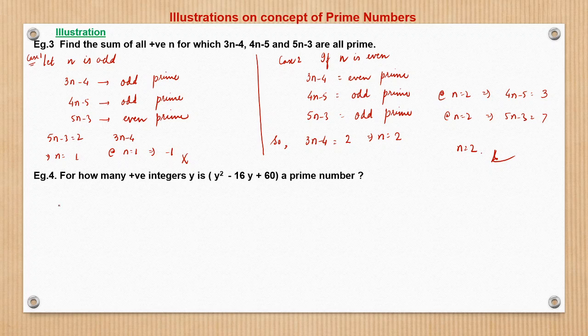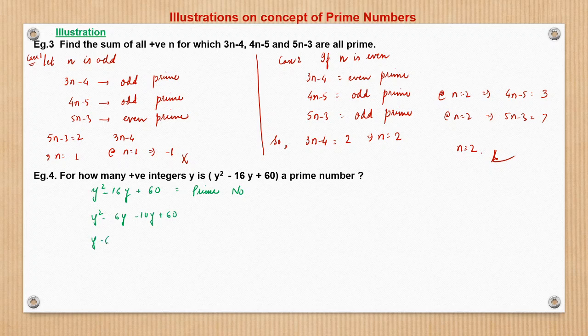Now the next question is, for how many positive integers y is y square minus 16y plus 60 a prime number? Now see, this we can write as y square minus 6y minus 10y plus 60.